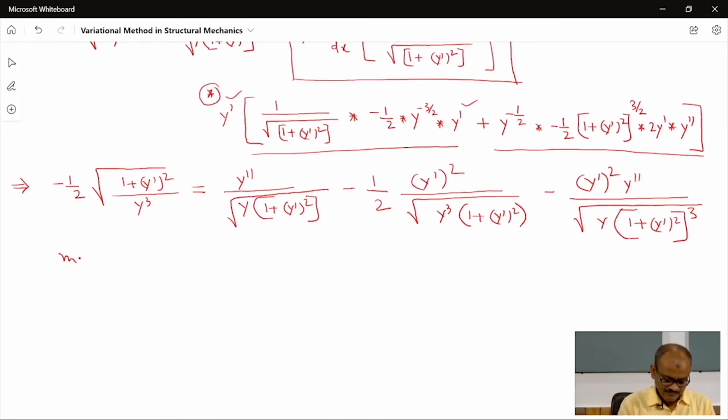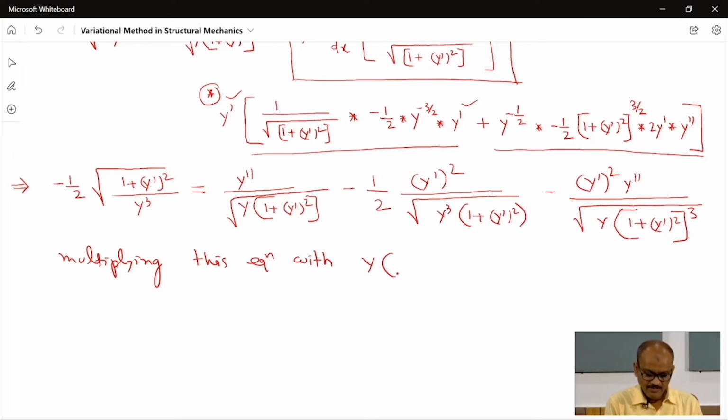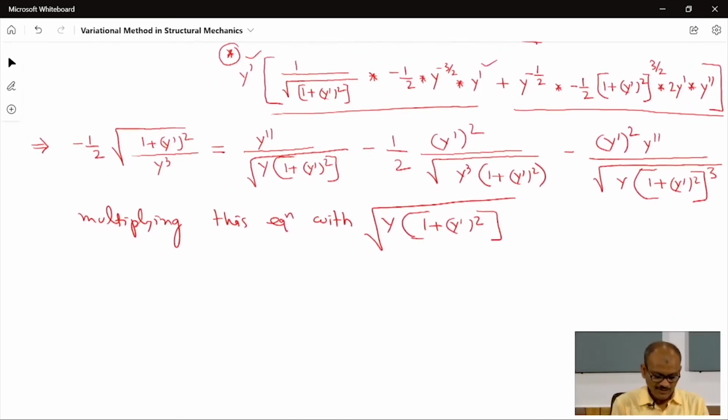Multiplying this equation with y into 1 plus y dash square whole root over, if you multiply both sides, what will come?